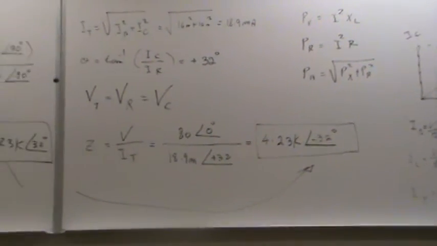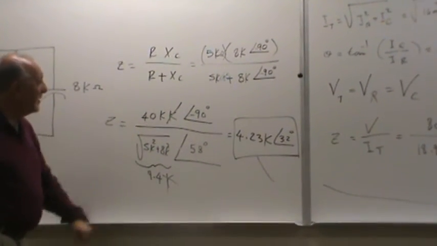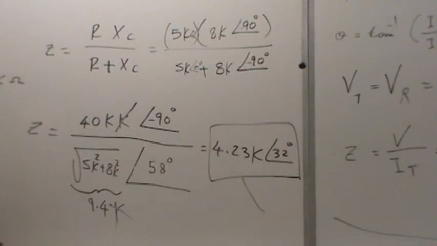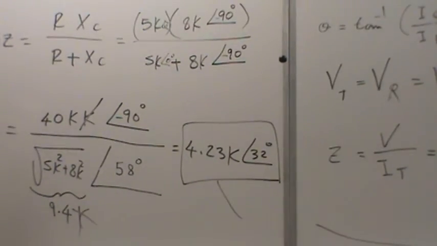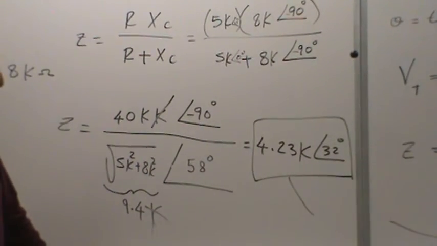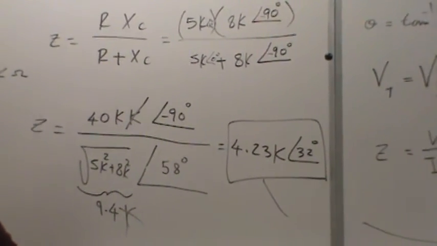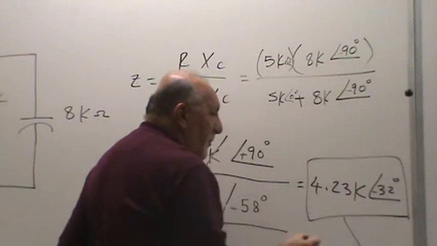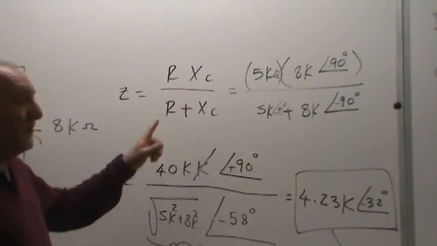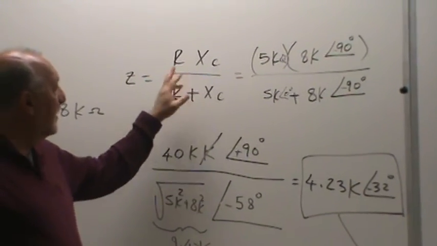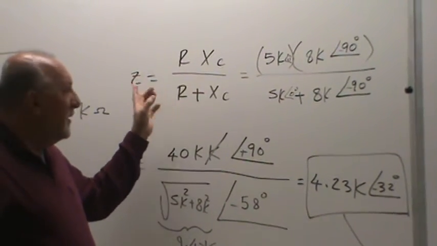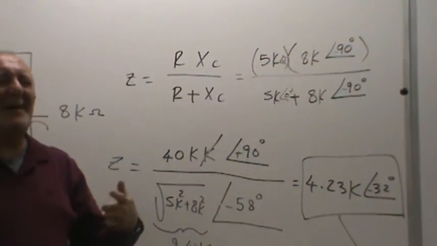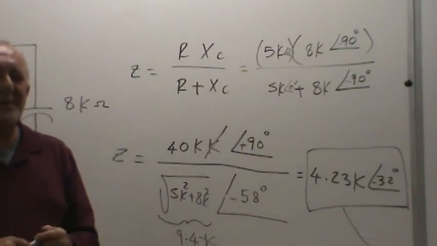I have a question. For the formula Z equals R X C over R plus X C, why don't you just put the square root up there, on the product over sum? Remember the Ohm's law in the parallel circuit, we have product over sum.